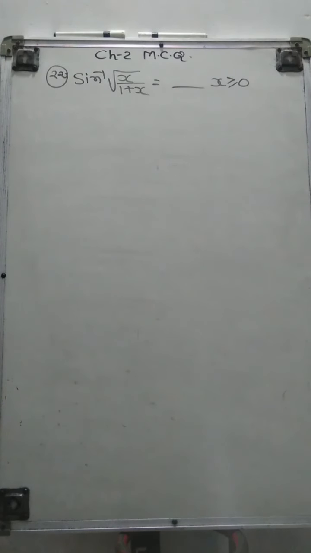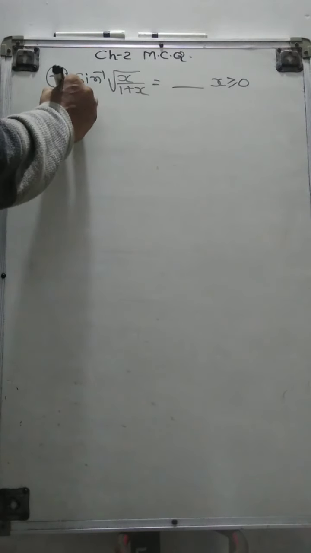Sum: sin inverse root x upon 1 plus x is equal to dash, where x is greater or equal to 0. So first of all, we assume that x equal to tan square theta.